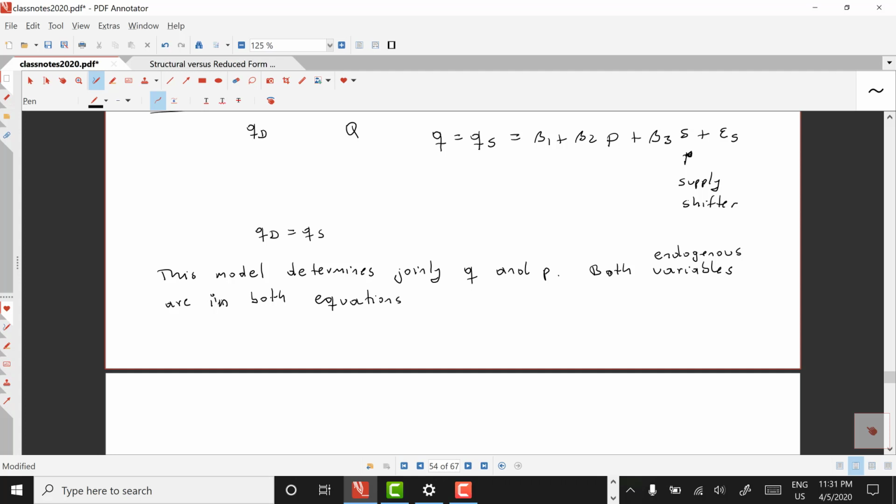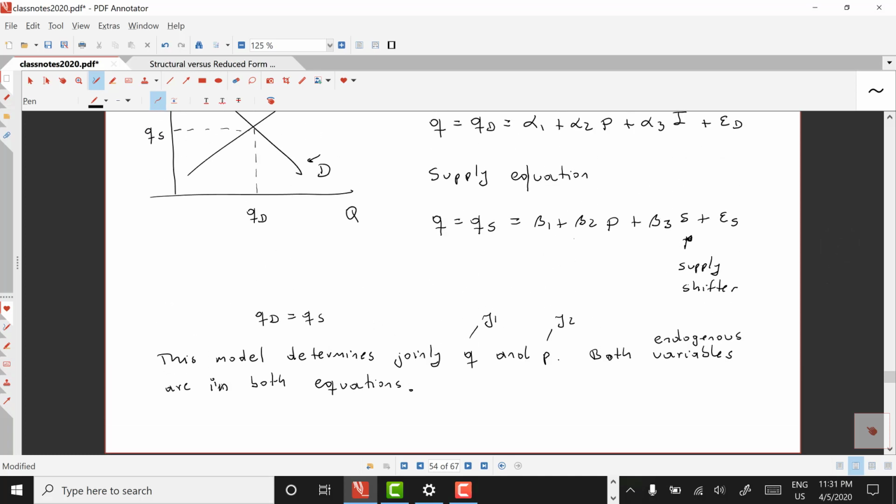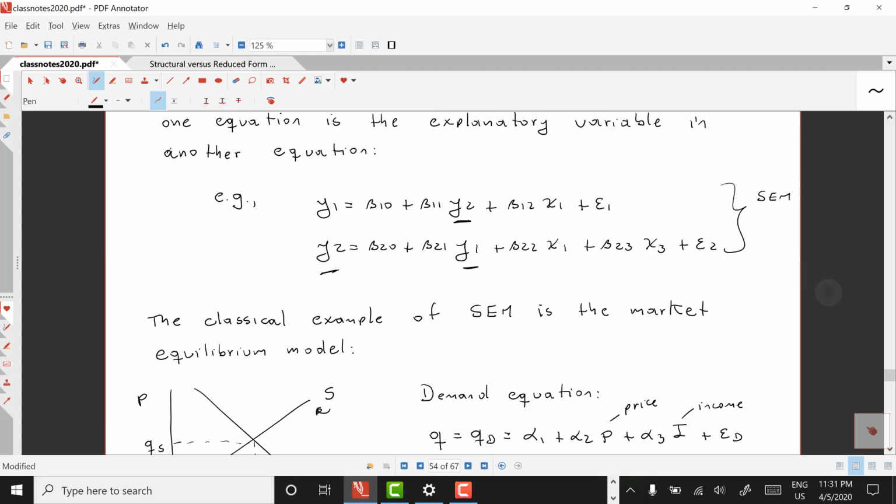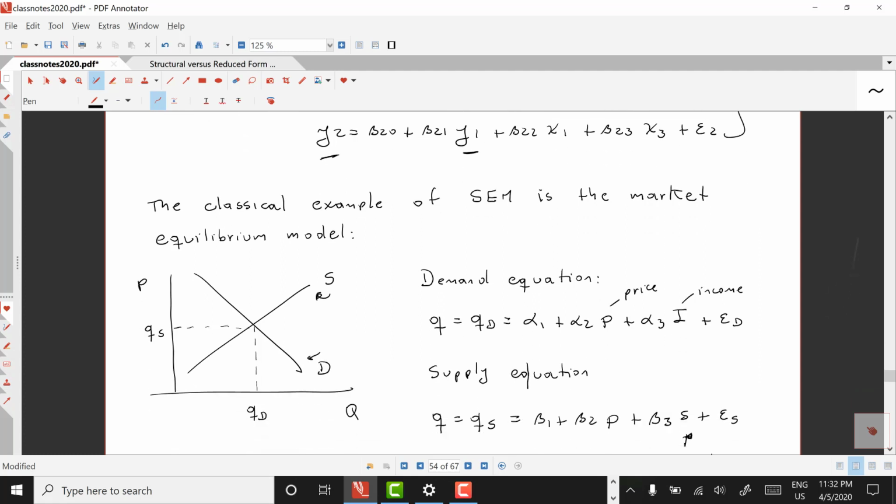Okay, so in terms of the definition, you can think that Q is y1 and P is y2. Now I know that at this point you might be wondering, when you gave us the example, we had y1 as the dependent variable in one equation and y2 as the explanatory variable in the other equation, and y2 as the dependent variable in one equation and y1 as the explanatory variable in the other.